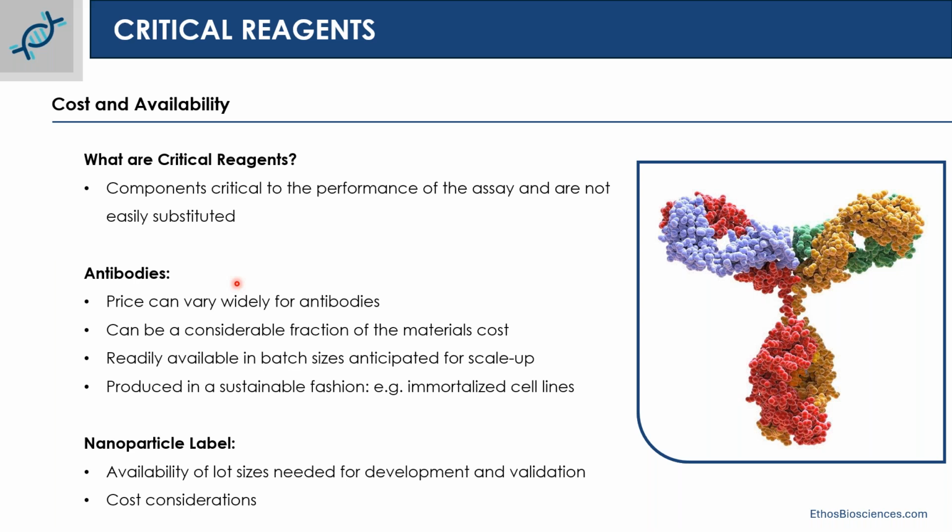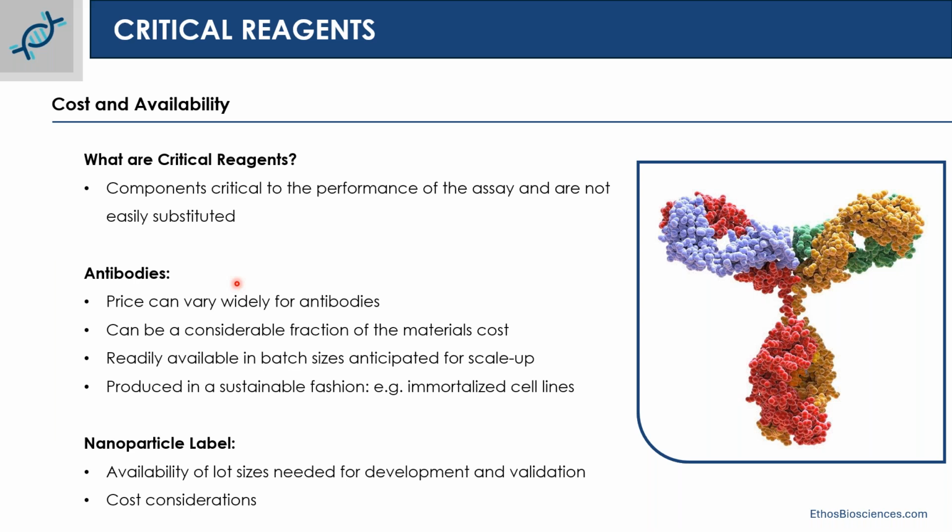So with antibodies, these are a key pillar of the performance of your assay. These will define, in many respects, the ultimate or achievable sensitivity and specificity for your assay. And the prices for these reagents can vary wildly. You can have prices that are $100 per milligram or thousands of dollars per milligram.